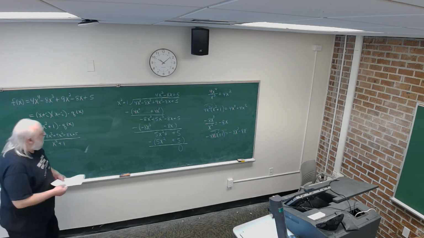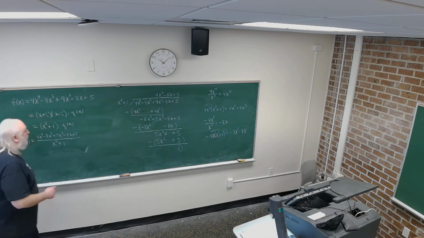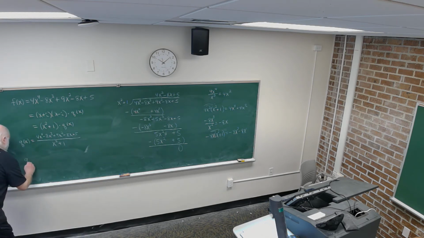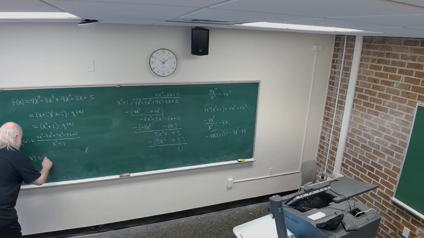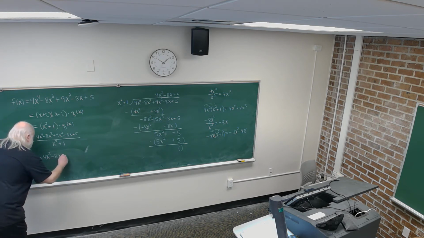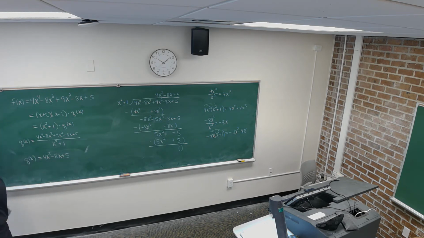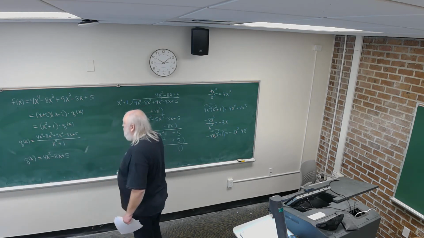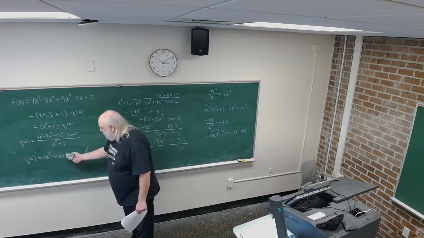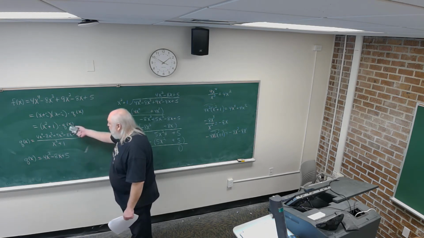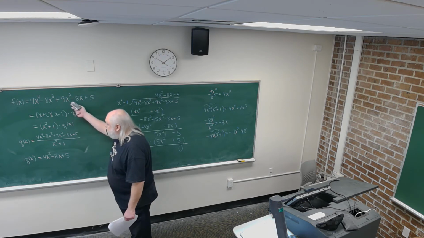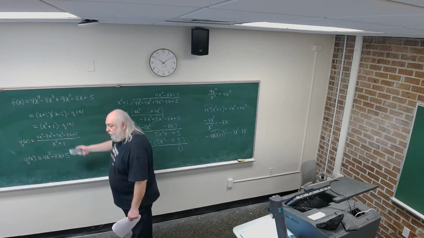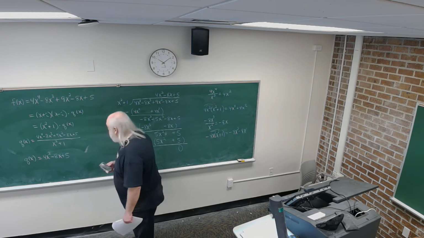All right, so q of x is equal to 4x squared minus 8x plus 5, right? So we find the values of x that make this equal to 0, and then we'll have the remaining 2 zeros of our polynomial and the remaining 2 factors.